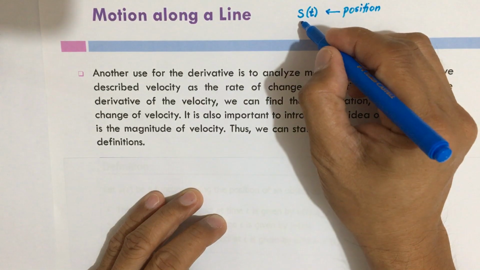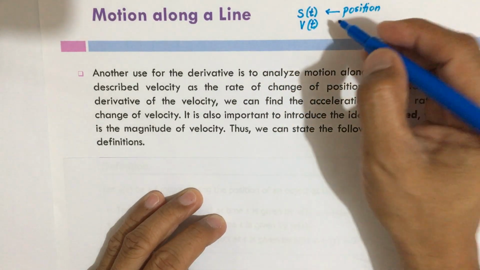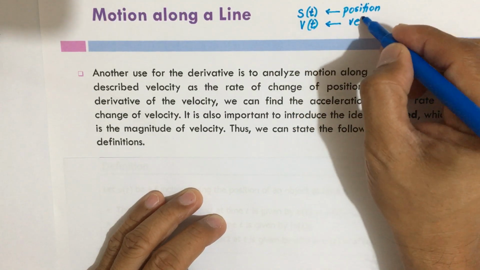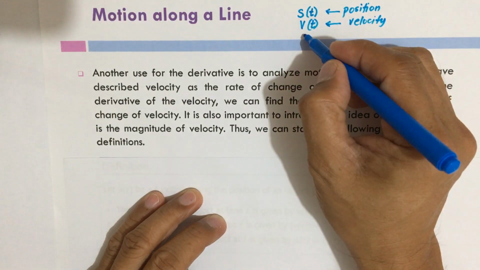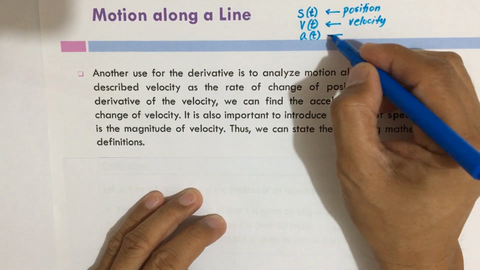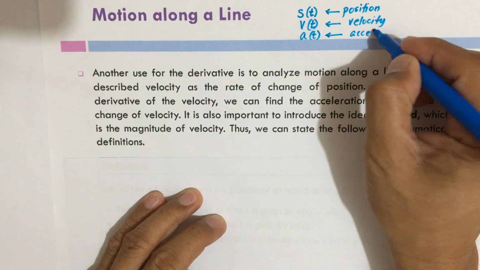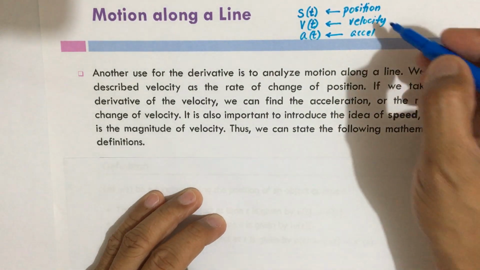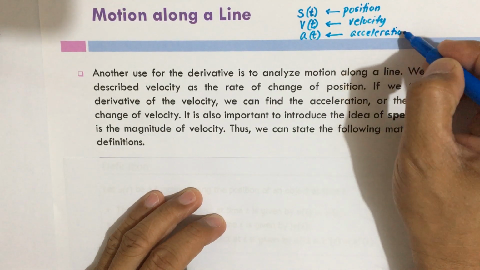And we have V of t, which is what we call the velocity of the object. And we have A of t, which is the acceleration of the object.